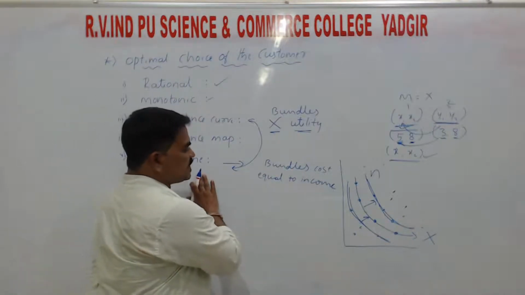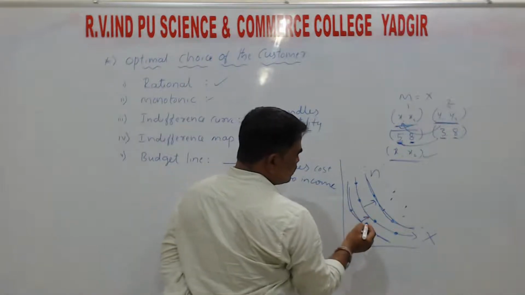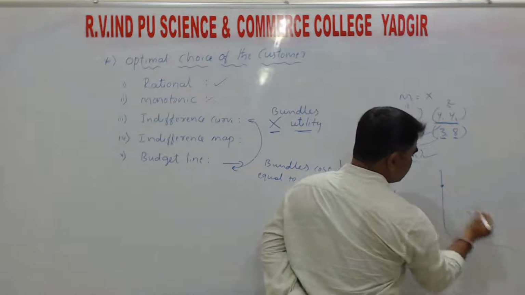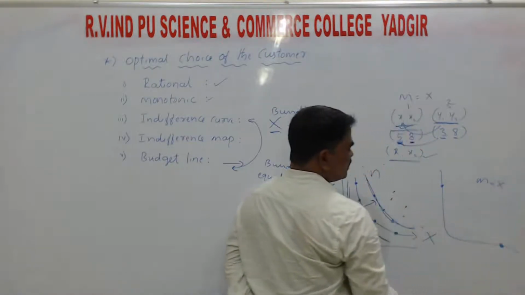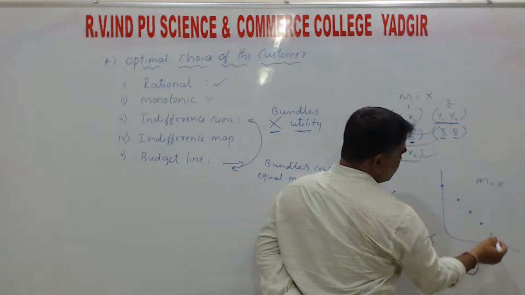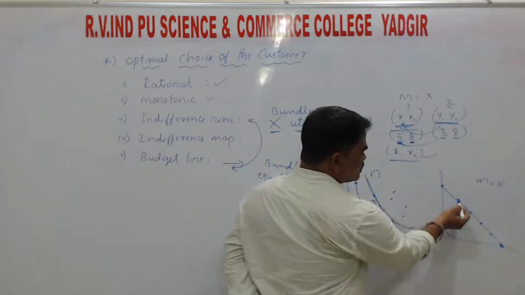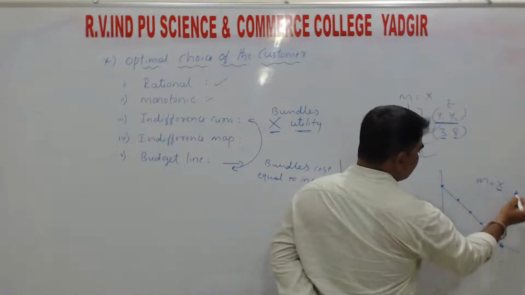But what do you mean by budget line? Budget line is where the bundles cost, if his income is X, then we have the bundles here. If we select these bundles, their cost is always equal to his income.